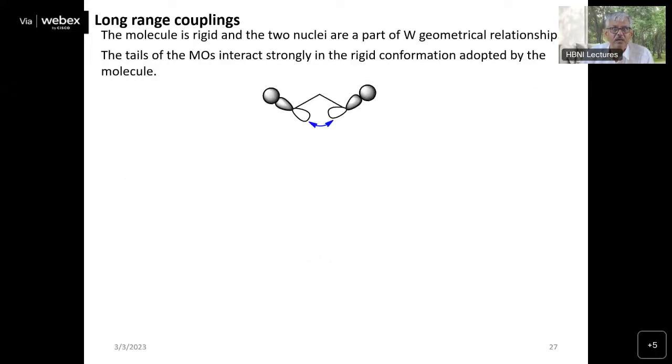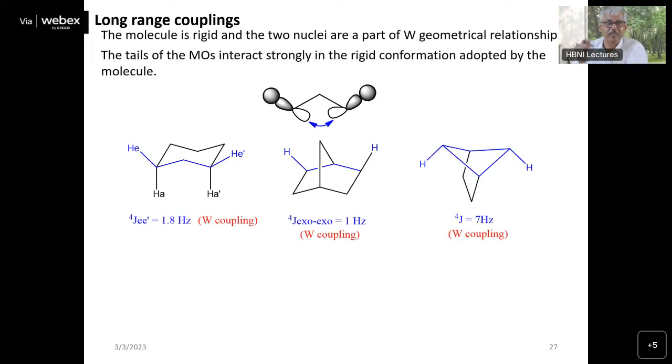Another very important type that you can see, this is my last slide. When the long range coupling, you can see up to 4 bonds. This is very interesting in stereochemistry analysis. This is known as W coupling.